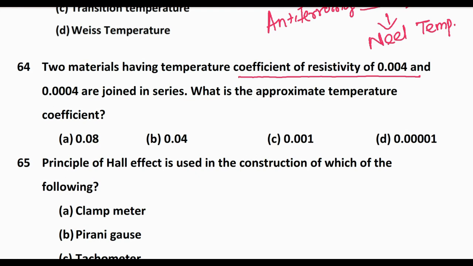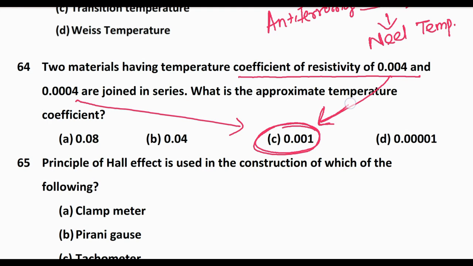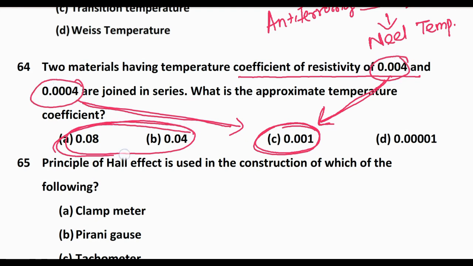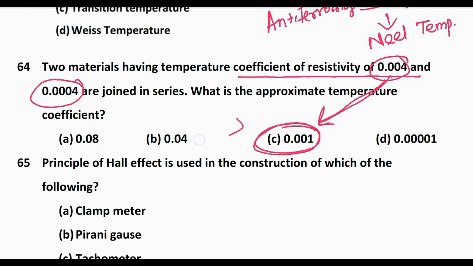So this will be an in-between value of these two. One is the large value and one is the small value, so the answer is the option lying in between the two values.